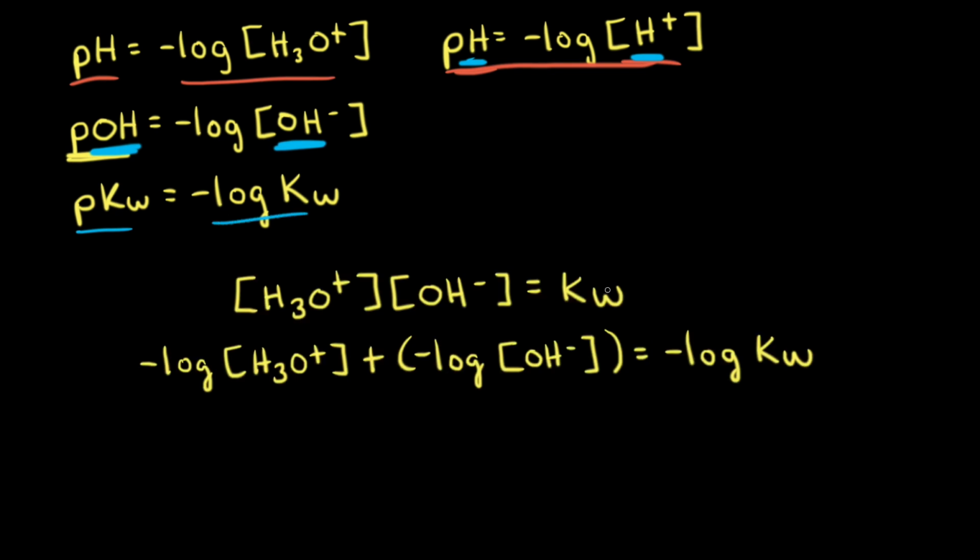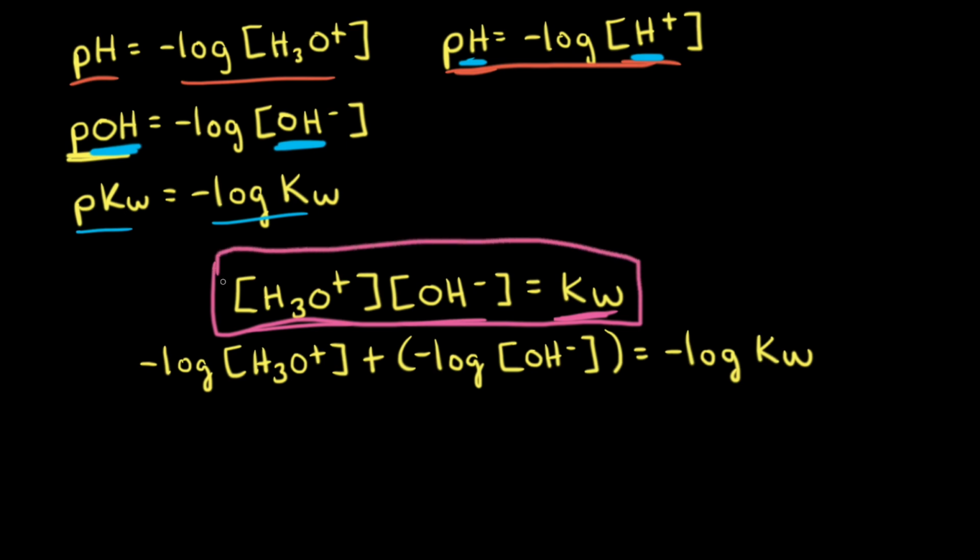Let's go back to the Kw equation, which says that the concentration of hydronium ions times the concentration of hydroxide ions is equal to Kw. If we take the negative log of both sides of this equation and we use our log properties, we get that the negative log of the concentration of H3O+ plus the negative log of the concentration of OH- is equal to the negative log of Kw.